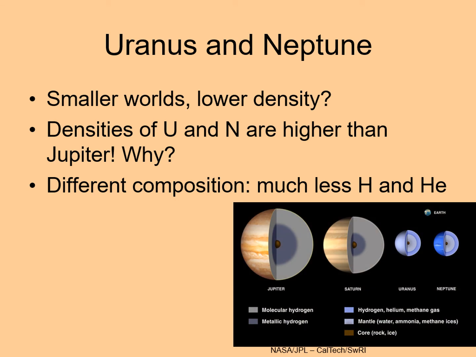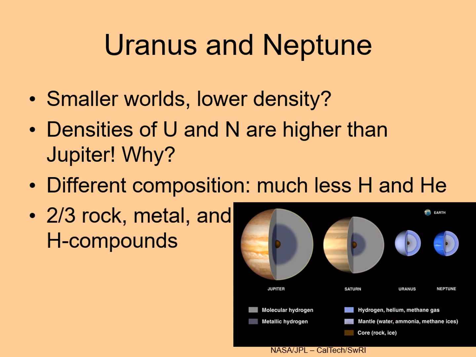Instead of being made mostly of hydrogen and helium, a much larger fraction of these worlds is made of hydrogen compounds and rock and metal. In fact, only about a third of the masses of these worlds is hydrogen and helium, with the rest being made of denser materials.